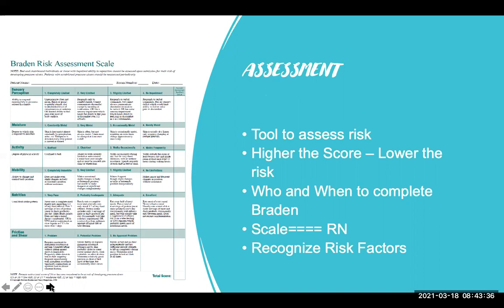It's not something I expect you to memorize. You know, what's a level 1, level 2, level 3 for sensation, for example. That's not the purpose of this, but you need to know how to use it. So you need to know that it measures sensory, moisture, activity, mobility, nutrition, friction, shearing. That's what the Braden scale is going to look at, that will determine someone's risk for a skin integrity problem.